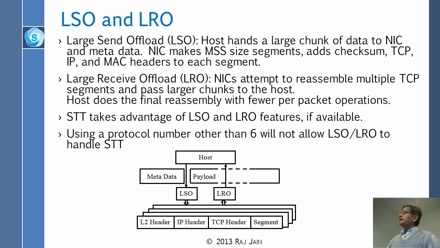Alright. So STT takes advantage of the LSO and LRO feature if available. Using a protocol number other than 6 will not allow LSO LRO, because the Ethernet card will bypass all other protocol types. So this is the reason they want to use the TCP protocol type.